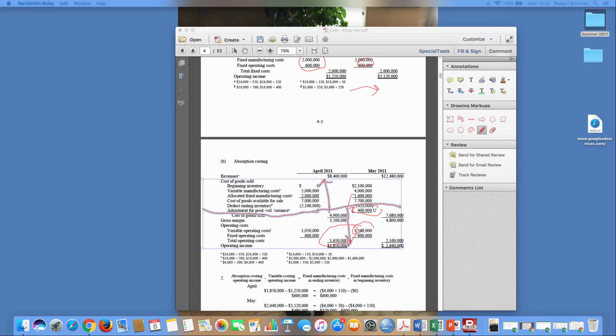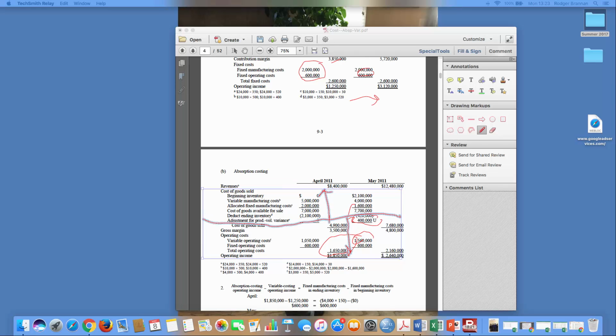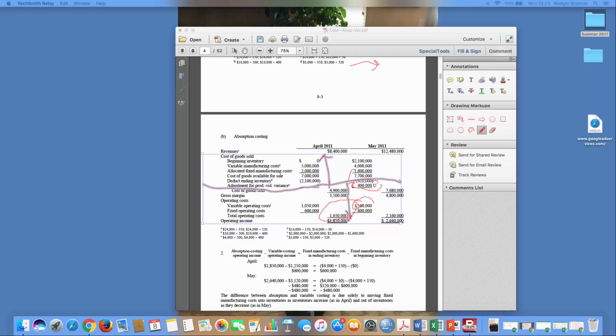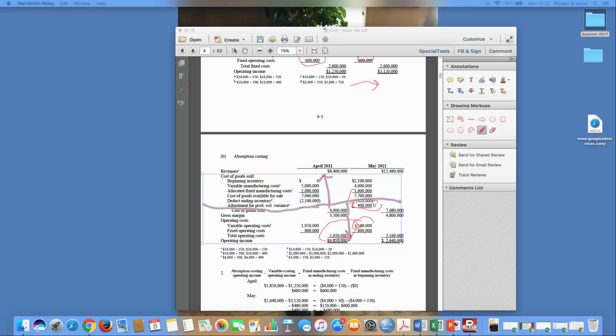Okay, in a month in which the sales were less than production, under variable costing we came up with the 1.25 million and under absorption 1.85. Why? Because of the 150 units that are sitting in ending inventory times the fixed manufacturing cost.